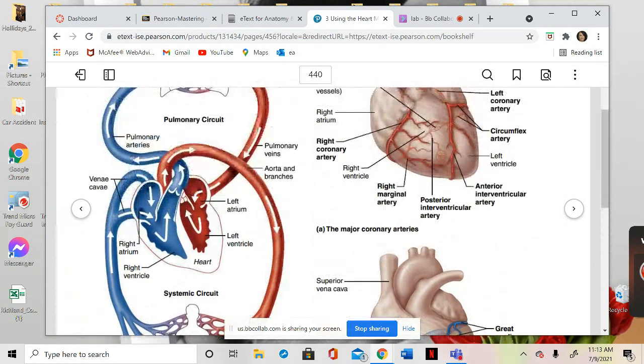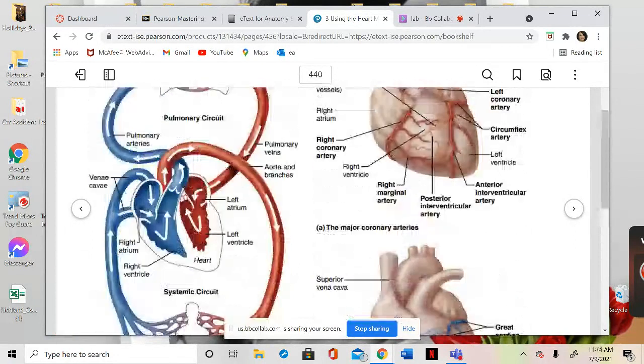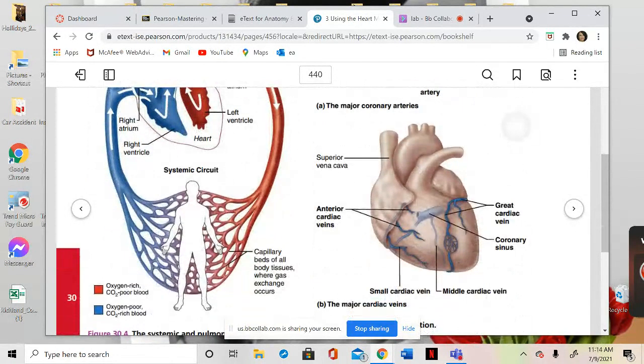If you remember, that's the anterior interventricular, so the parallel for it is the great cardiac vein to the artery. You will see them both together parallel to each other.